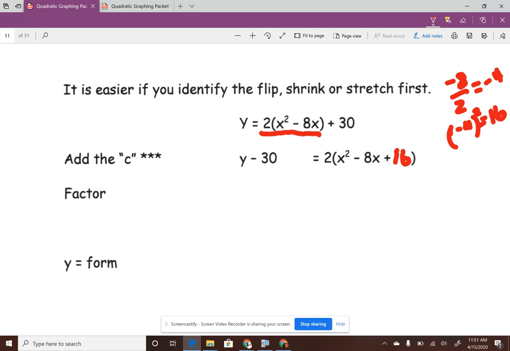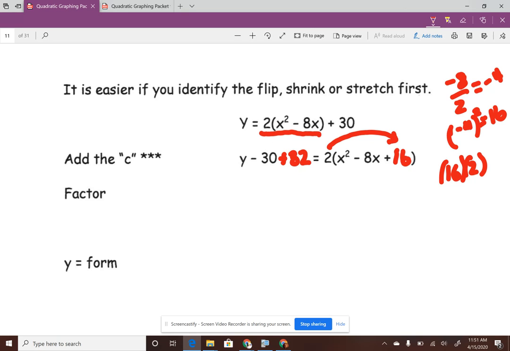But you really have to think about that, because that looks like a 16, but it's not really a 16, because that 16 is going to get multiplied by the 2 with the distributive property. So it's really 16 times 2, which is 32. So when I add on the other side, I'm adding a 32, because I didn't add 16.